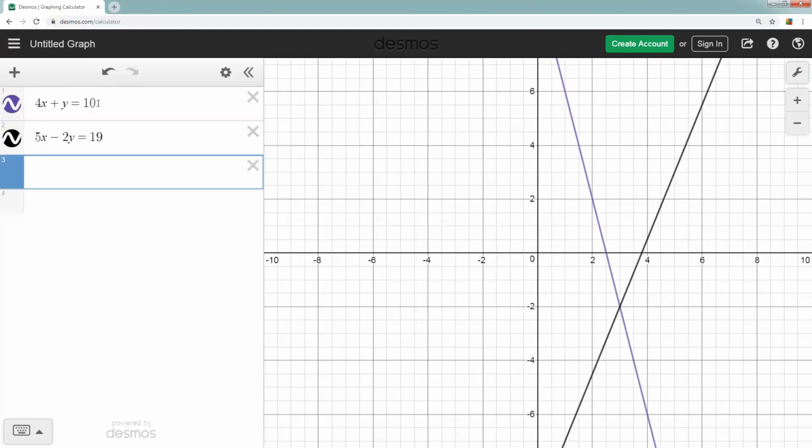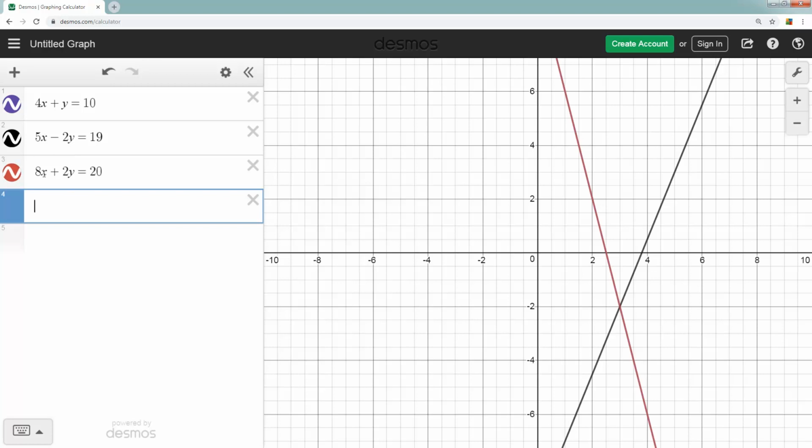So let's multiply this equation by 2 like we did in the solution. So the 4x would multiply by 2 to give you 8x plus 2y would equal 20. So notice that, again, multiplying that line by 2 gives you the same line. So now what we're going to do is we're going to add these. Remember, we added the two opposite y terms.